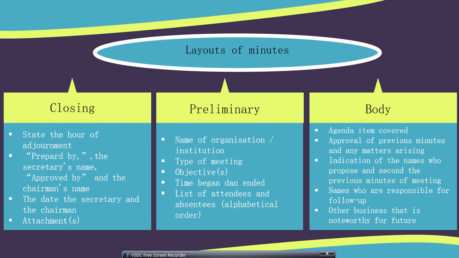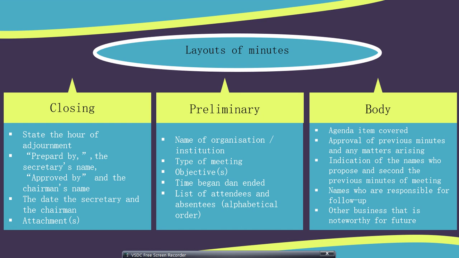Okay, the first one is preliminary. For this part we must include the name of the organization, committee or institution. The second is type of meeting, which is daily, weekly, monthly, annual or special. The third is objective of the meeting.